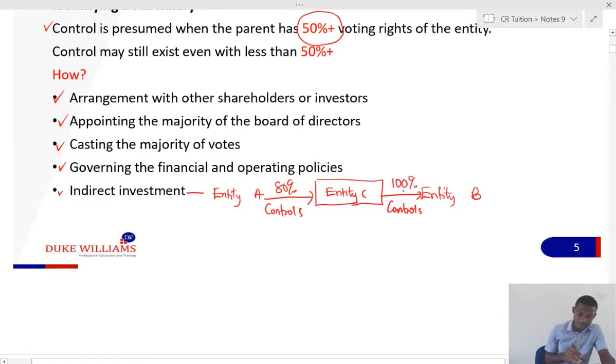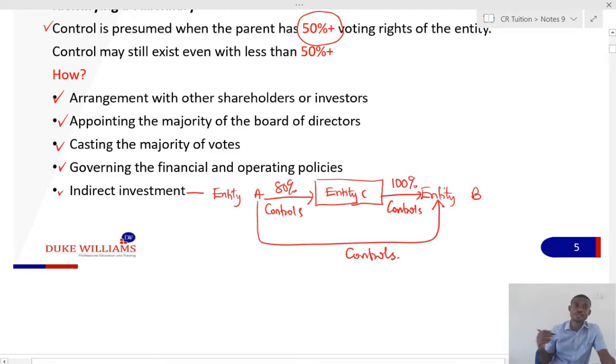Now the point is that entity A has no direct investment in B, but because of its investment in entity C, entity A would indirectly control entity B, and that is what we call the indirect investment.